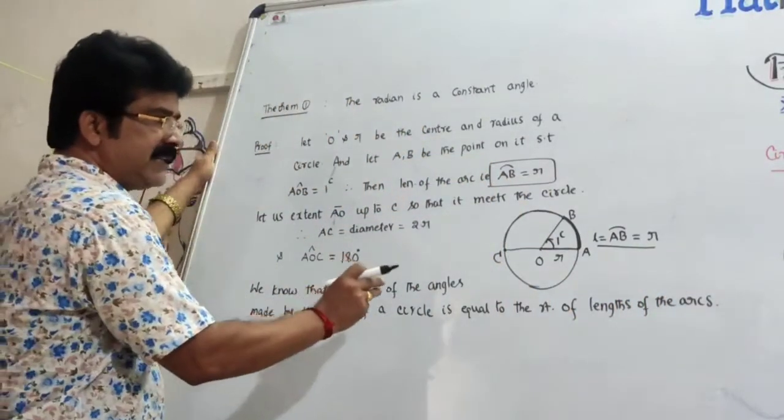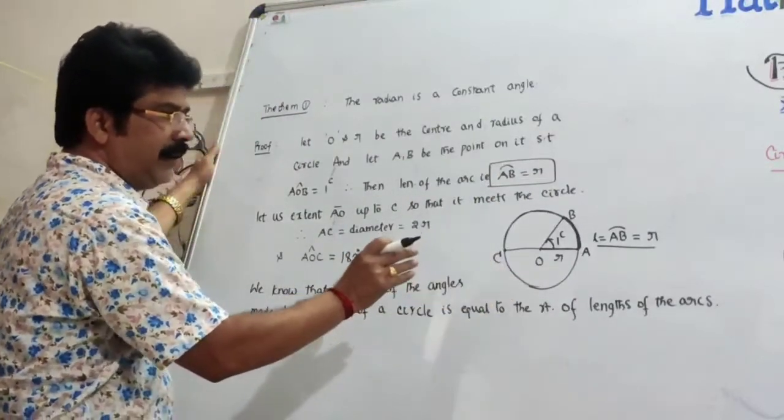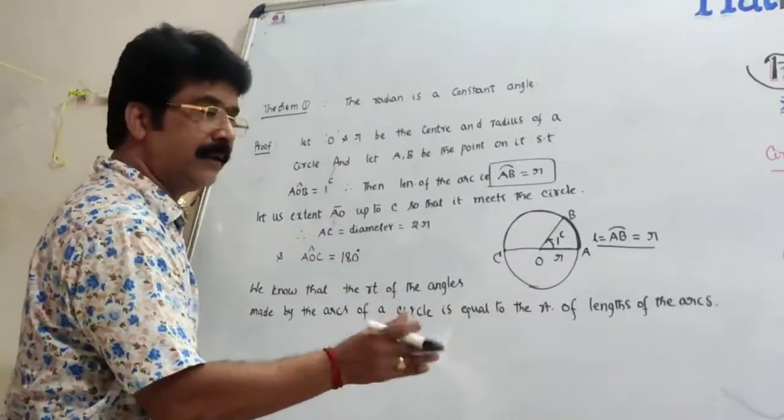Means angles and lengths of the arcs are proportionate to each other, like that.